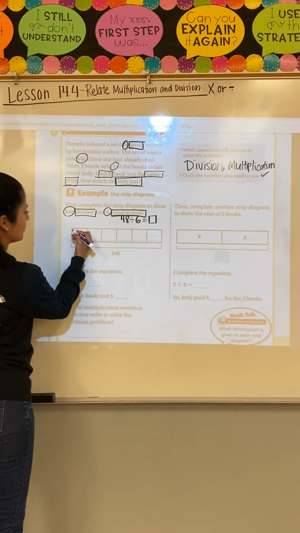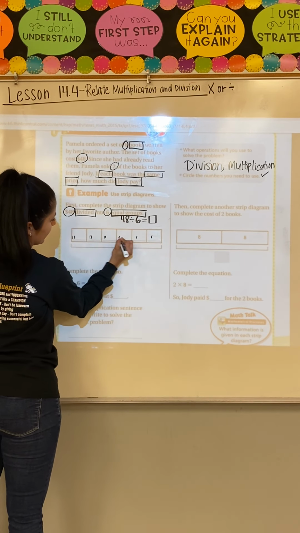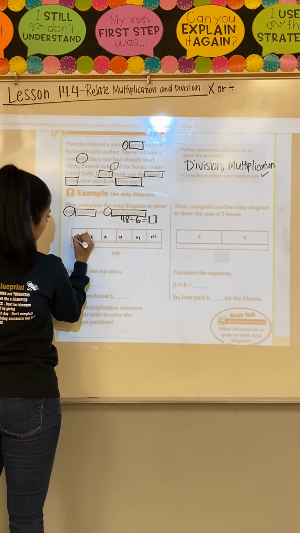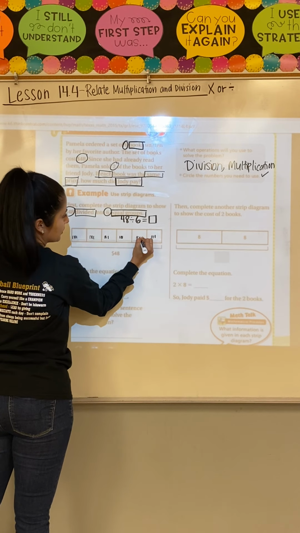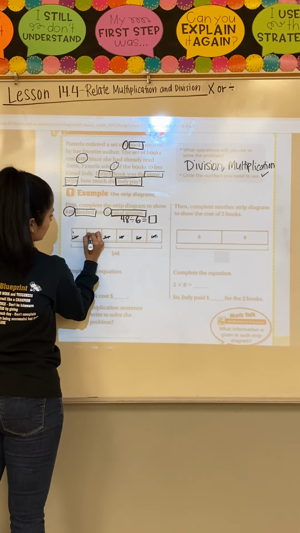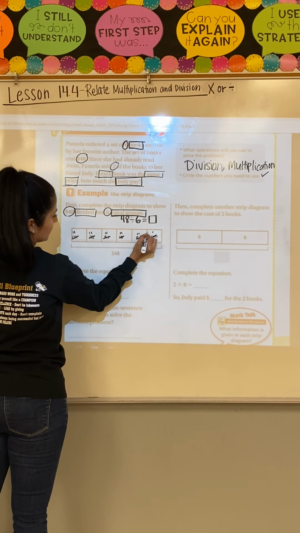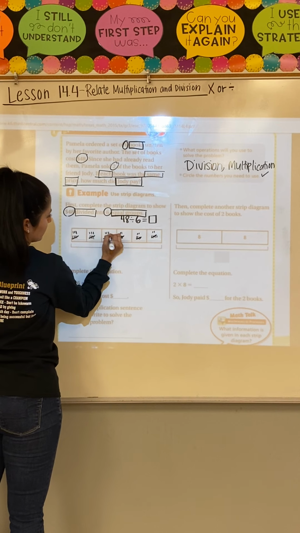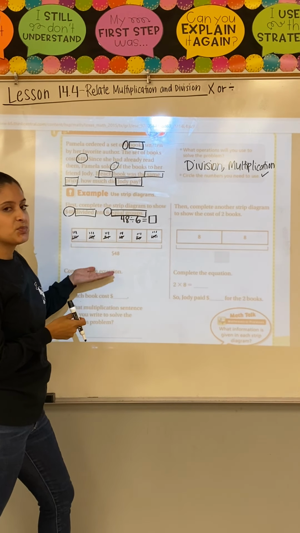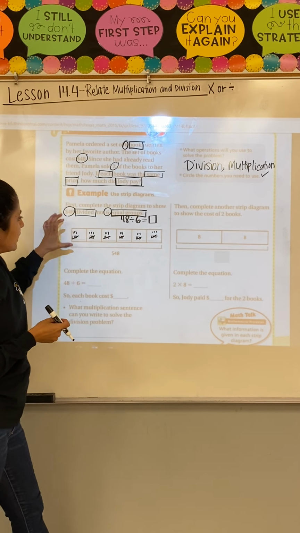Let's go ahead and count. 1, 2, 3, and so on up to 48. Notice, we split up equally, the same amount for each group.